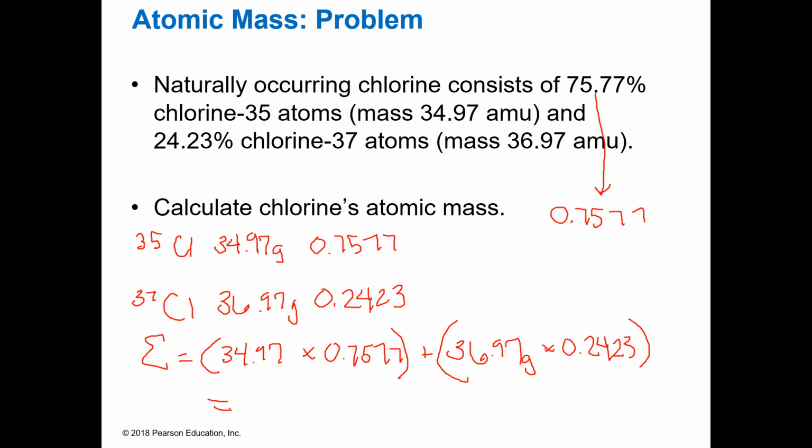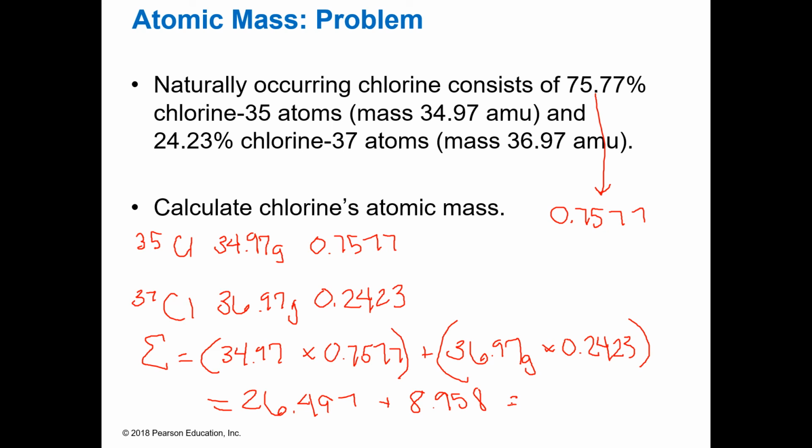So if you take 34.97 times 0.7577, that will give you 26.497 plus 36.97 times 0.2423, and that will give me 8.958.